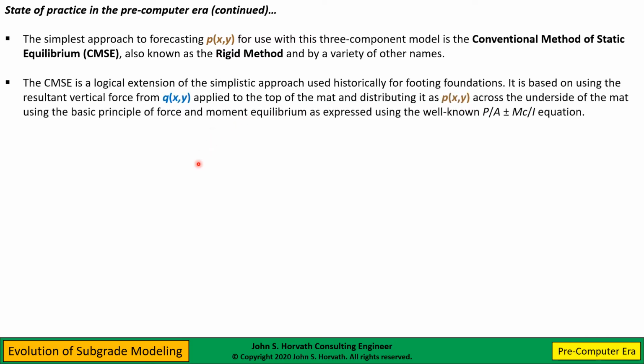It's really a logical extension of the very simple approach we've historically used for footings. For footings, we take the resultant force from a column and we apply the well-known P over A plus or minus MC over I equation to develop an assumed subgrade reaction, or bearing stress, under the footing. Well, in the conventional method of static equilibrium, we do the same thing for mats.